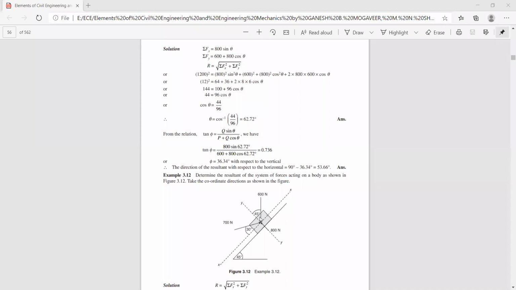This force is acting at this point, and this angle is 45 degrees, and this angle is also 45 degrees. And here you have a 700 Newton force, which makes an angle of 30 degrees with respect to horizontal. Now, sigma F of x is equal to 700 cos 30. If you resolve this force, it's horizontal.